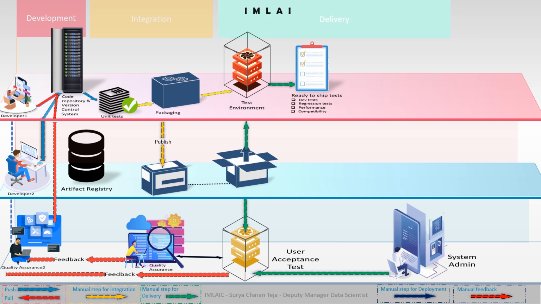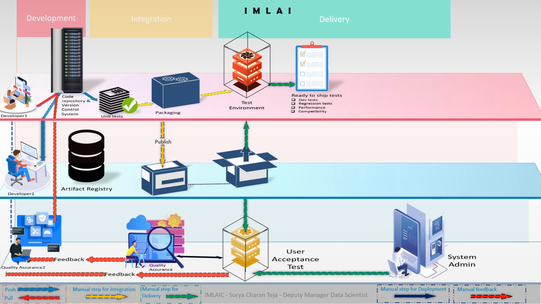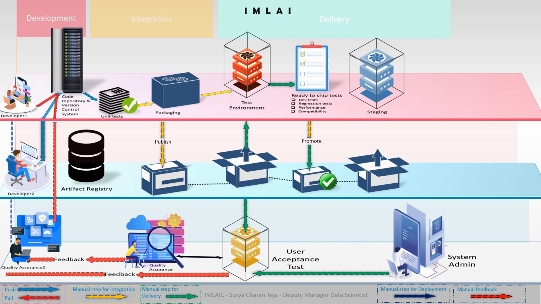We'll write the cases and we will test it one by one in test environment. Once all tests are done, if that package, that application, that archive successfully passes through all tests, then we will promote it back to the artifact registry, saying that this has passed all the tests, this is healthy, this can be useful.